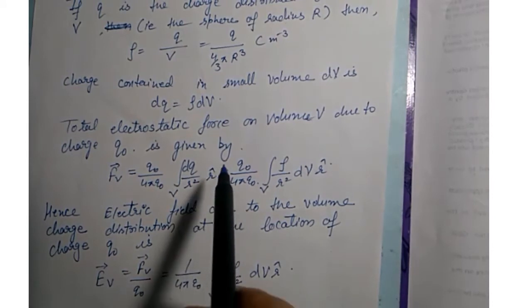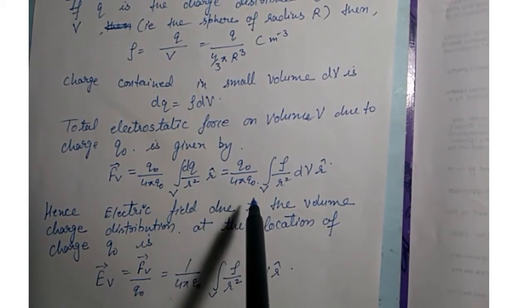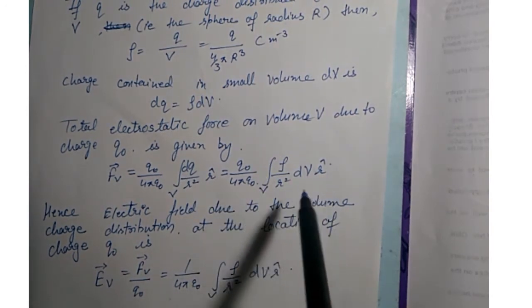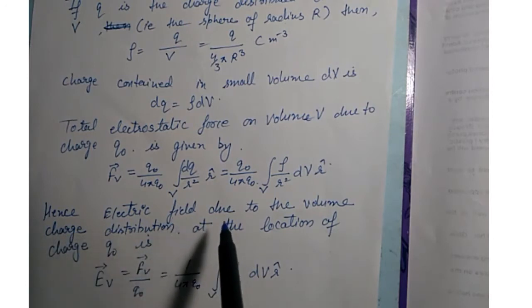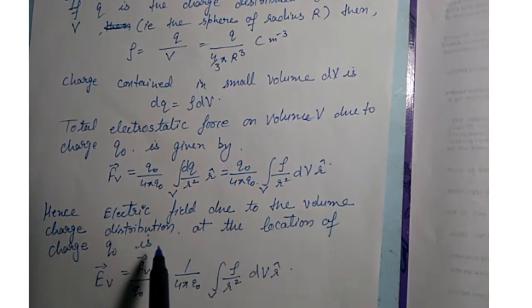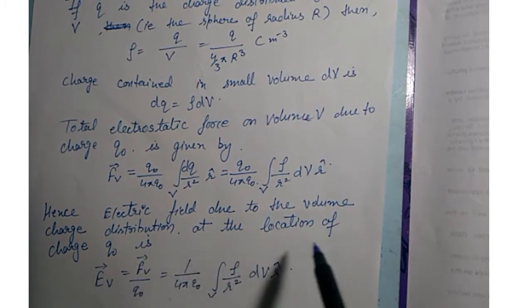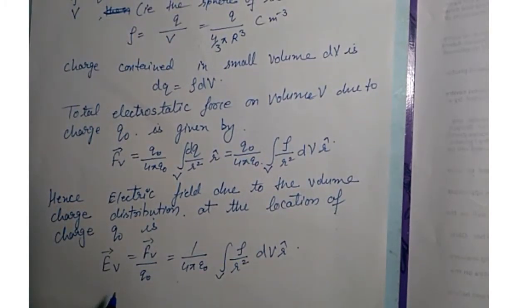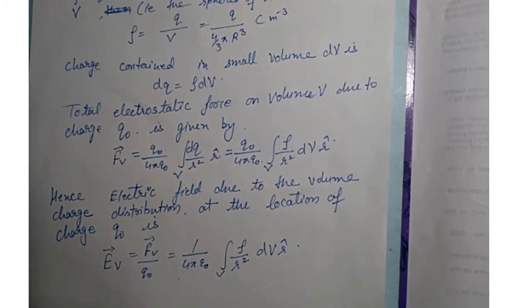This equals Q naught upon 4 pi epsilon naught times the volume integral of rho upon r square dv r vector. Hence, the electric field due to volume charge distribution at the location of charge Q naught is E over volume equals Fv upon Q naught, which equals 1 upon 4 pi epsilon naught times the volume integration of rho upon r square dv, unit vector r.